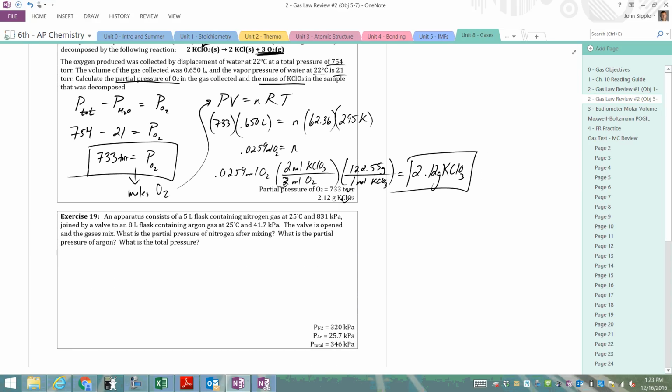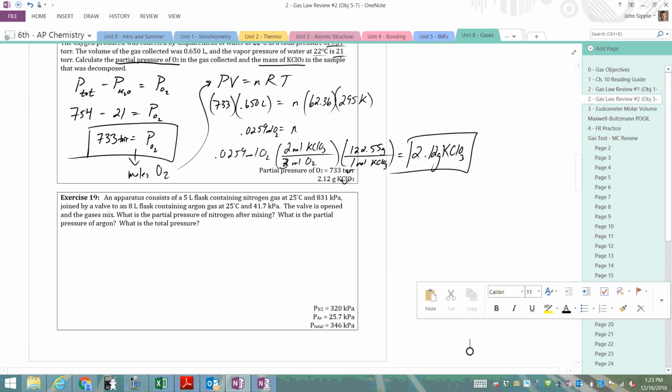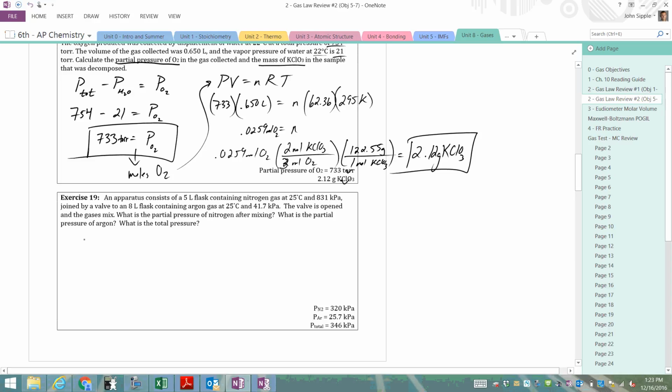Another example of this would be the next question here. We've got an apparatus: a 5 liter flask containing nitrogen at 25 degrees Celsius and 831 kilopascals, joined by a valve. If I draw this, we've got flasks joined by this valve. On one side we have 5 liters of nitrogen gas at 831 kPa.